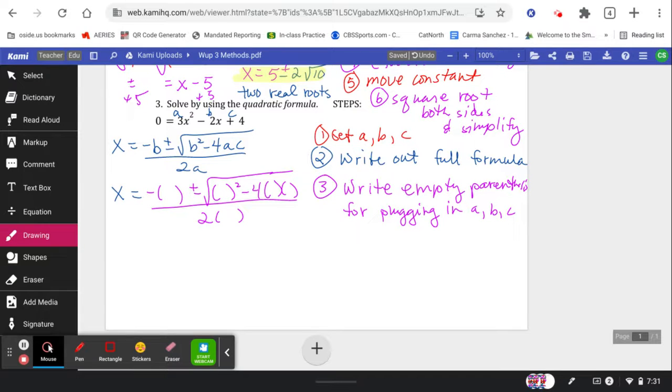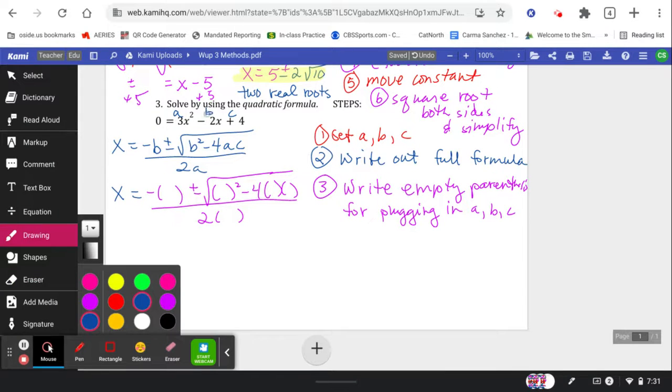Pause the video, see how far you can get. Okay, did you plug in -2, -2, 3, and 4, and 3?